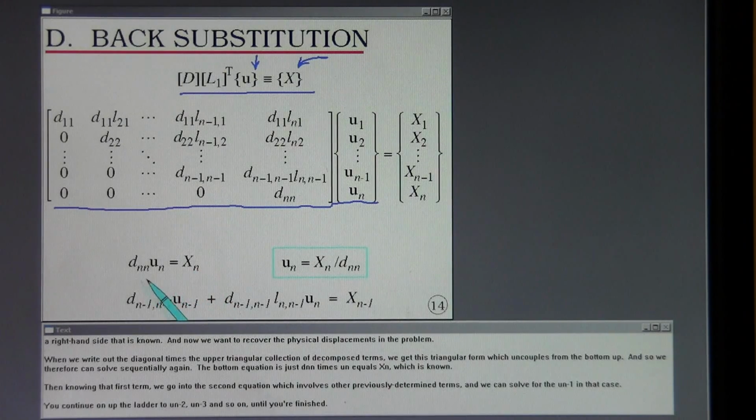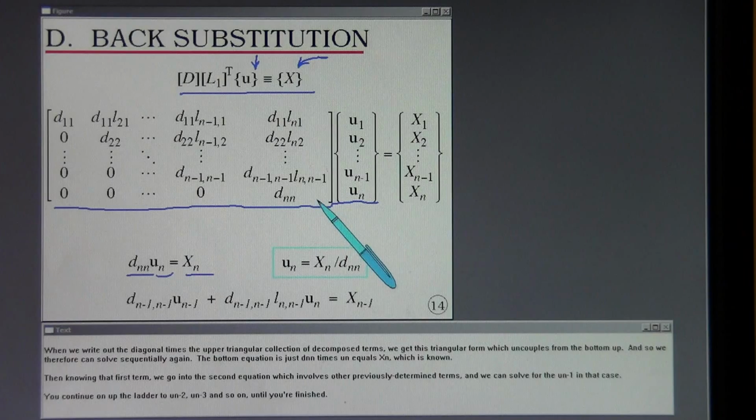The bottom equation is just dnn times un equals xn, which is known. Then, knowing that first term, we go into the second equation, which involves other previously determined terms, and we can solve for the un minus 1 in that case. You continue on up the ladder to un minus 2, n minus 3, and so on until you're finished.